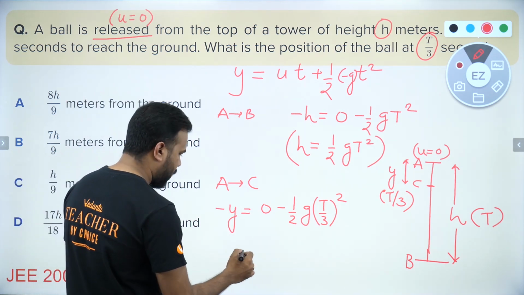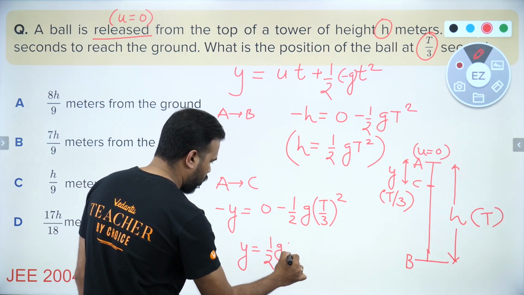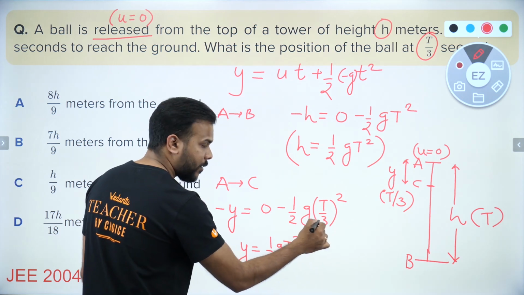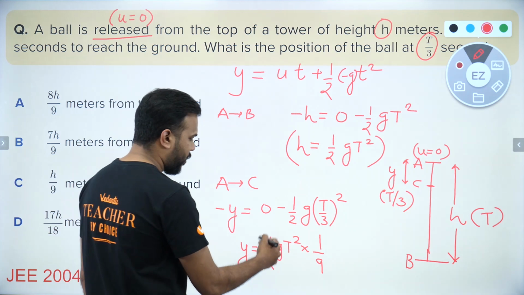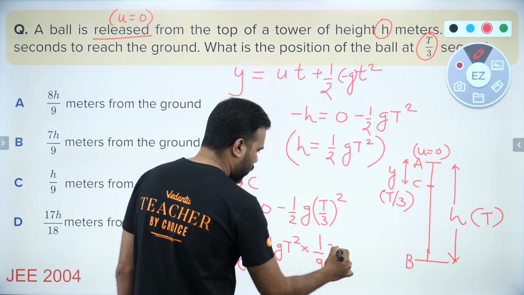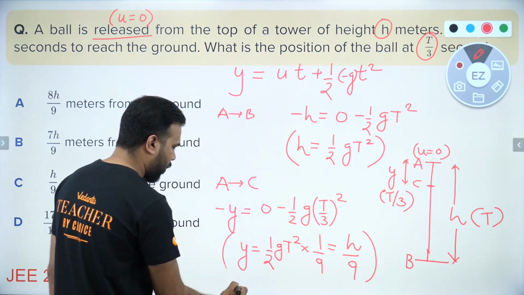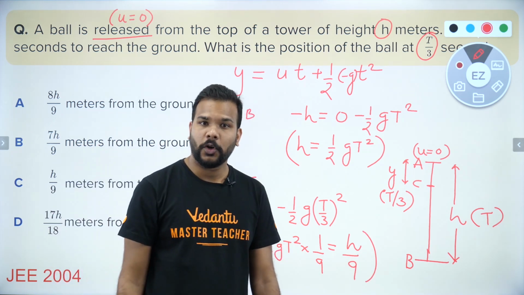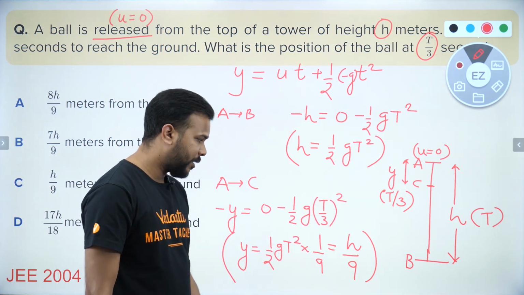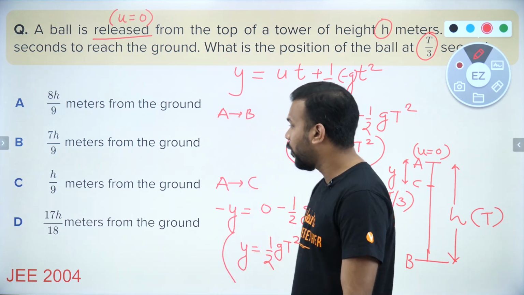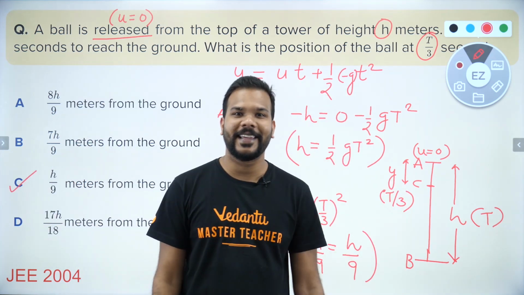That means y comes out to be half g T square times 1 by 9, since 1 by 3 squared gives 9. And what is half g T square? It's nothing but h. That means the value of y is h by 9. Got the value? The body has reached point C after traveling a displacement of h by 9, and then you look at the options and say, wow, I've got the answer. My answer is option C.